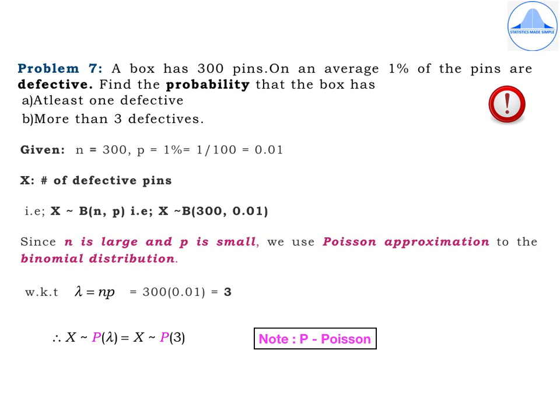Now, we need to find lambda. We know that lambda is equal to np, which is 300 into 0.01, which is equal to 3. In other words, X follows Poisson with parameter lambda, or X follows Poisson with parameter 3.